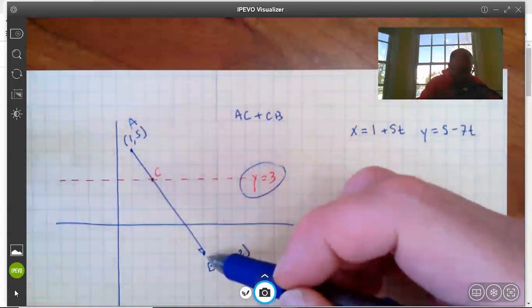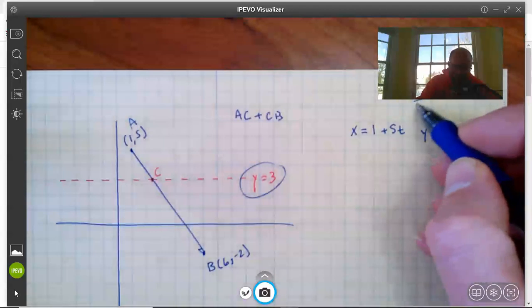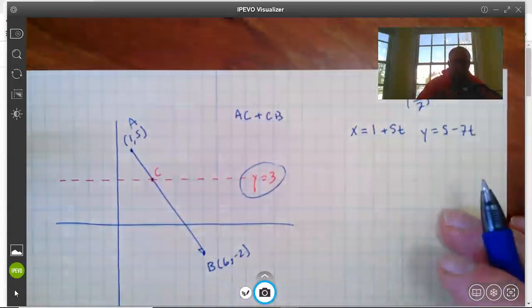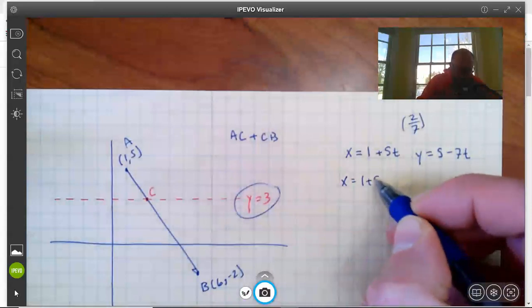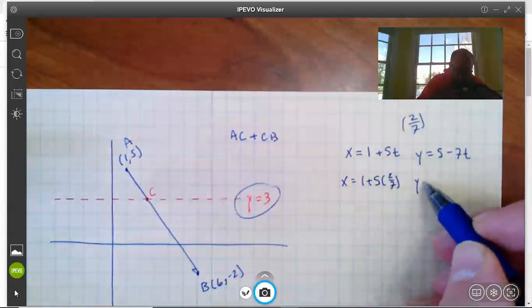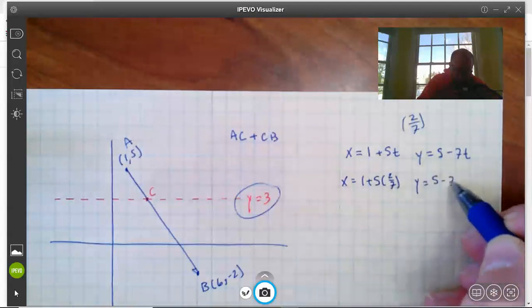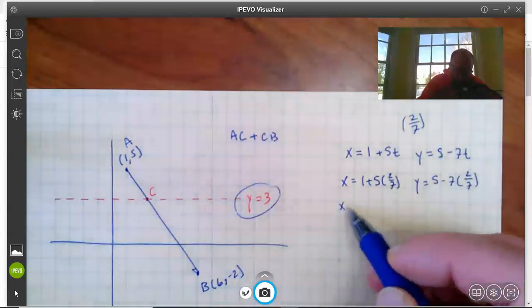And we're not traveling the full 7, we're just traveling 2, so we're traveling 2/7 of the distance. So x equals 1 plus 5 times 2/7, and y equals 5 minus 7 times 2/7.